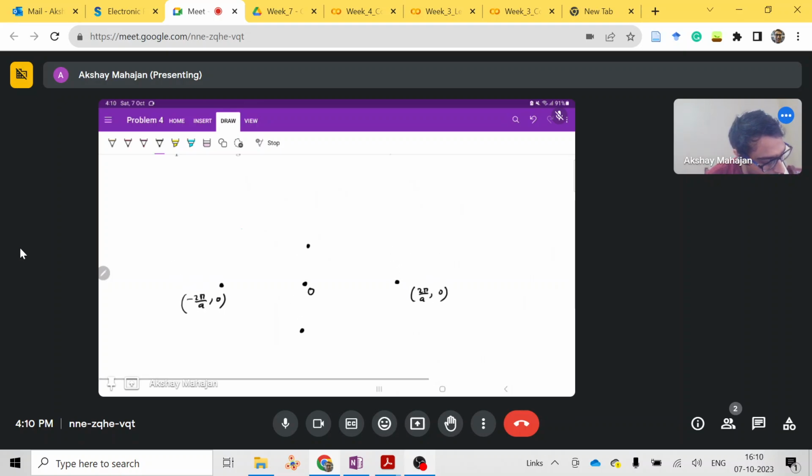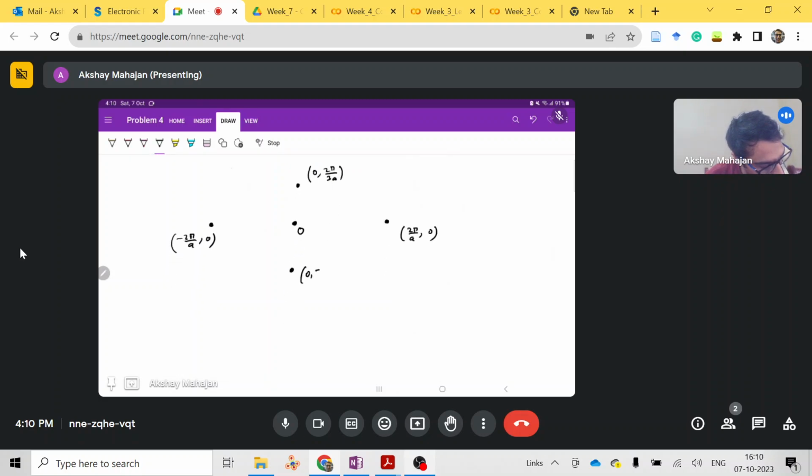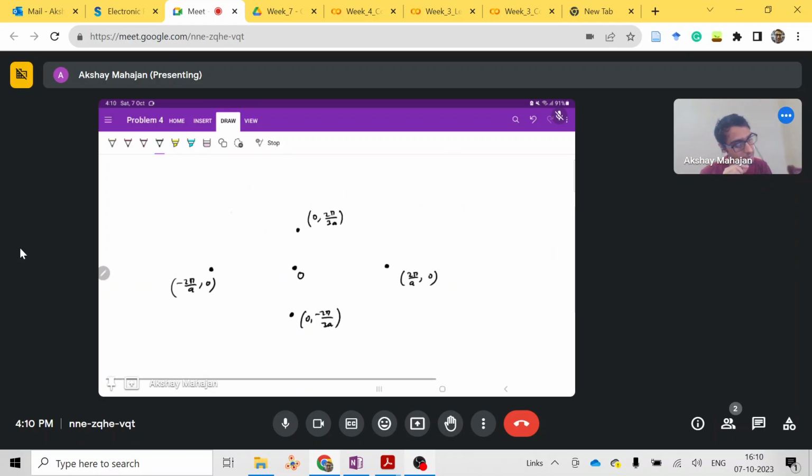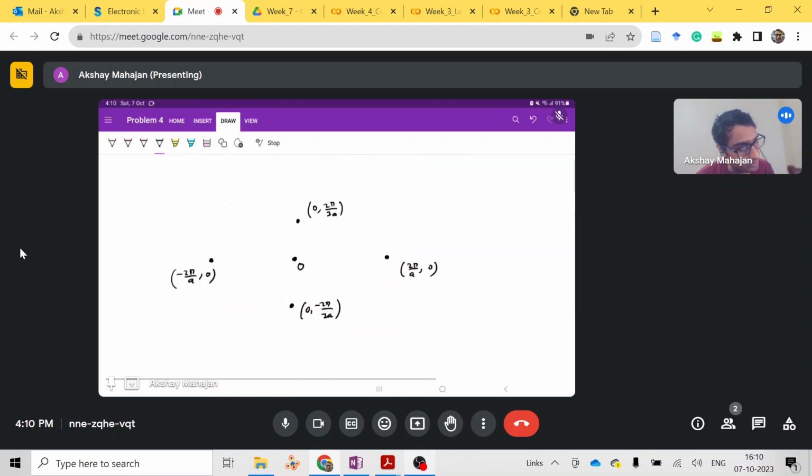This will be 0 comma 2 pi by 3A, and this will be 0 comma minus 2 pi by 3A. That is happening because we had a rectangular lattice, so our reciprocal lattice will also be a rectangular one. Let me put all the other points here.